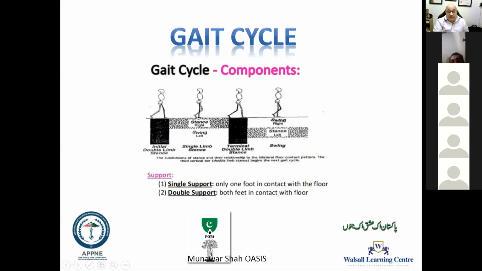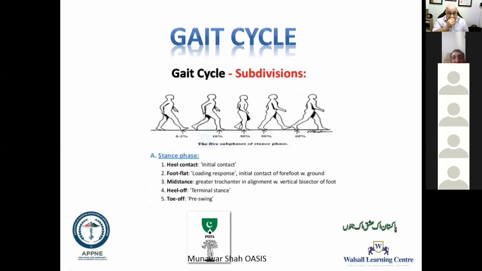And again, you need to understand that at one time you will have both feet on the ground. At certain times you will have only one foot on the ground. So the stance phase is divided into 5 different components. The initial contact is where you actually put your foot on the floor, mostly the heel, but it is whatever touches the ground first, and then the foot becomes flat.